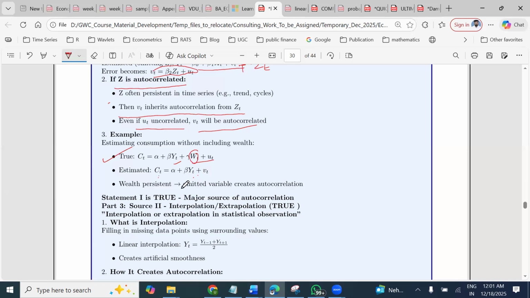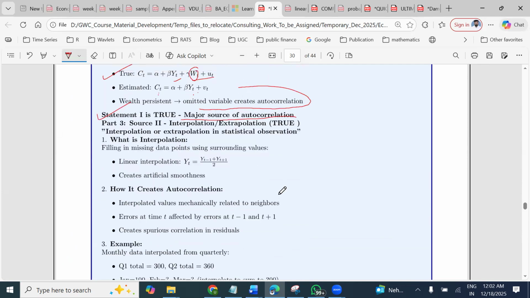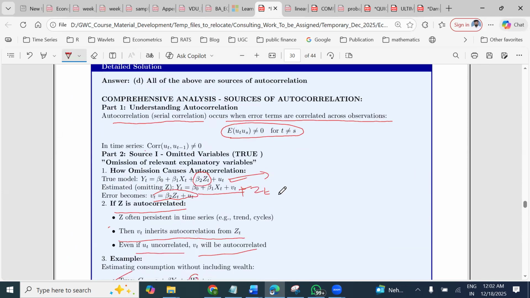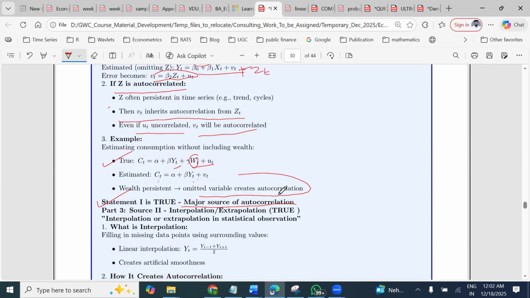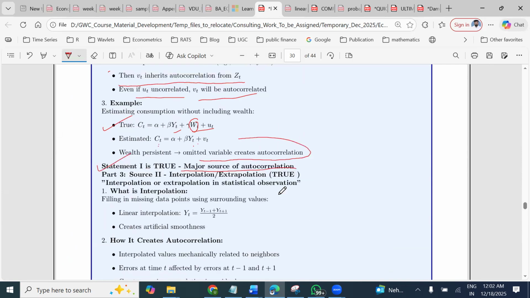Now because wealth is persistent, this omitted variable will create autocorrelation. So statement 1 will be true. That will be a major source of autocorrelation. Is it clear? Statement number 1 is clear? Yes, sir. How omission of relevant variables will cause autocorrelation.